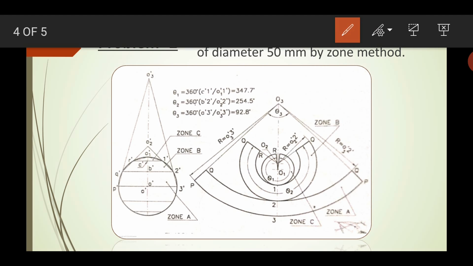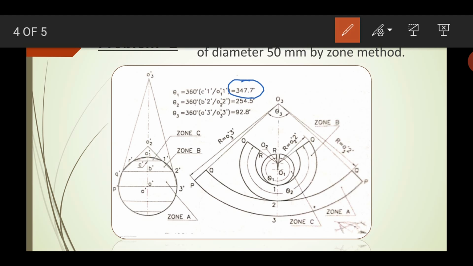Zone A and zone B are a little easier to find out, but zone C is not as easy. For zone C you have to know the angle, theta 1 is 347.